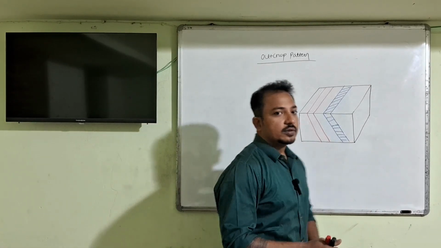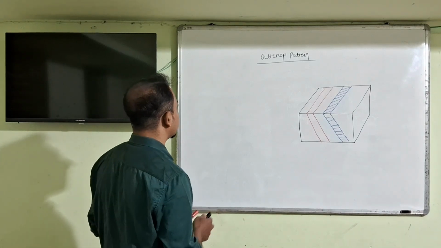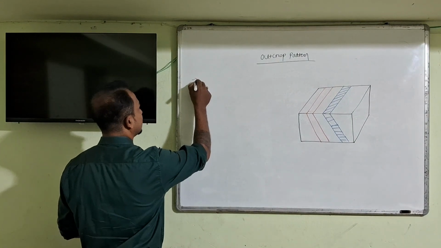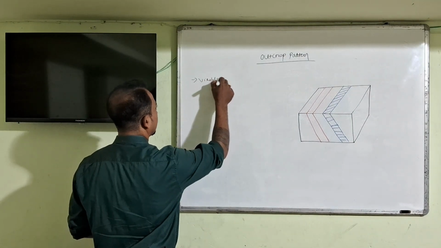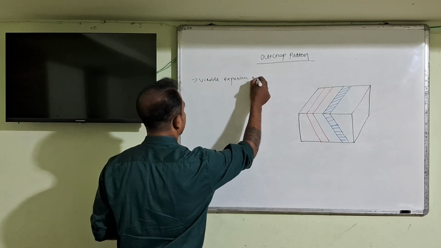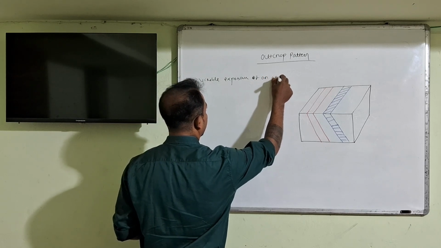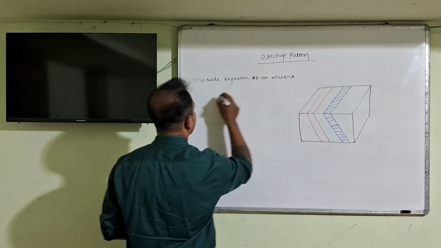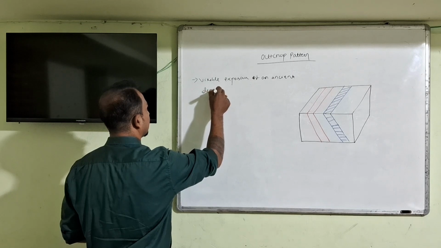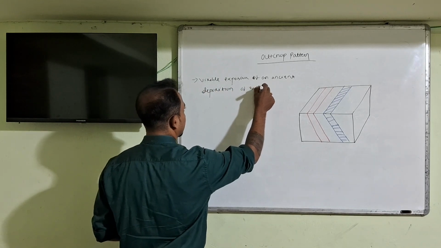So we'll see outcrop. Outcrop means, in simple words, you can say it is a visible exposure of an ancient deposition of subsurface.